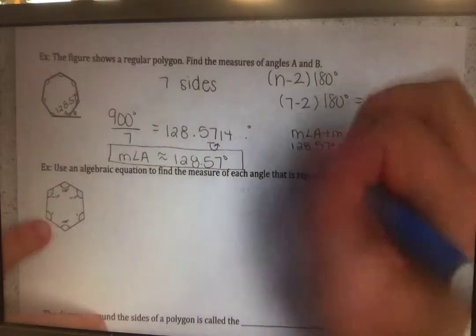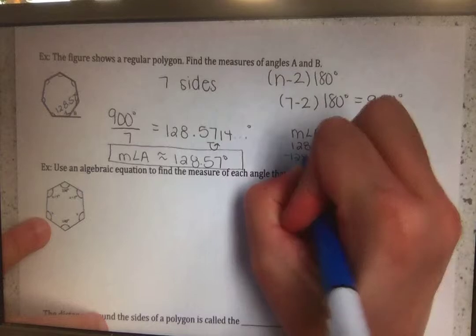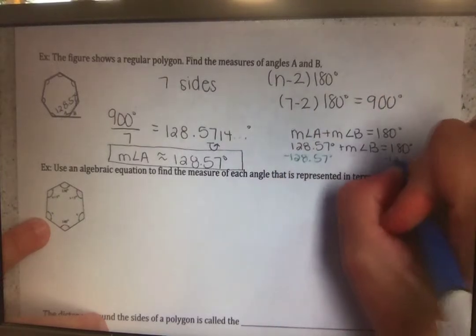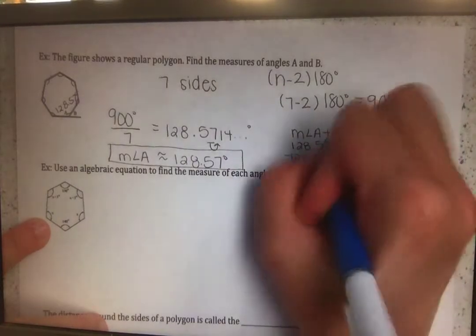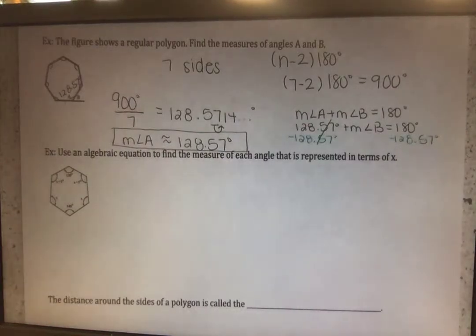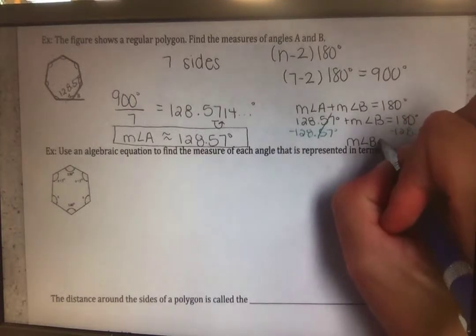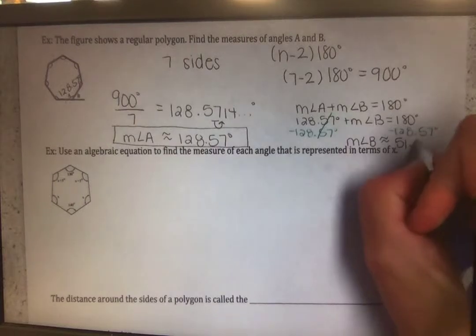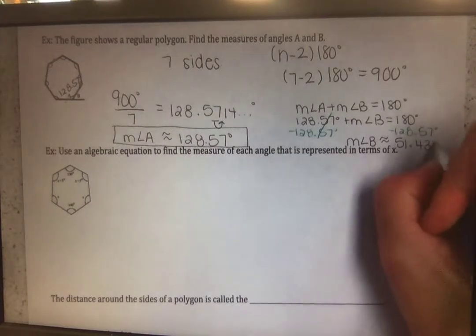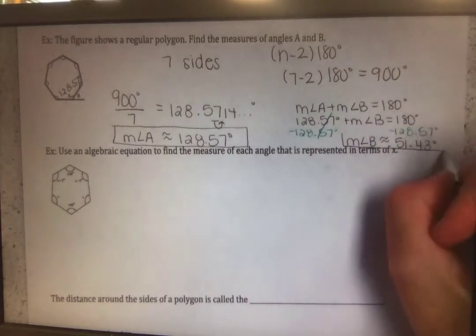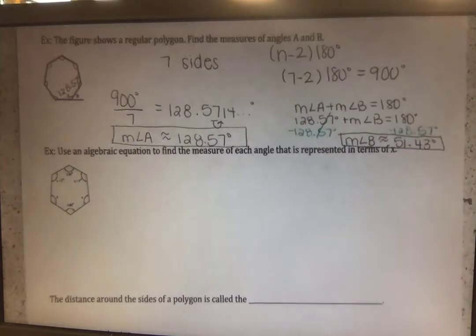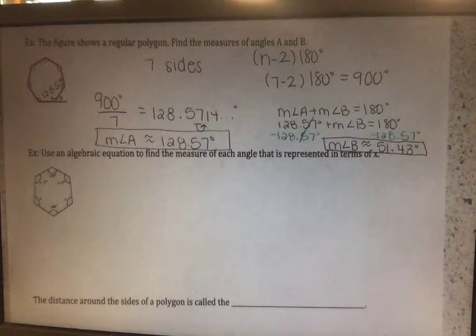So in order to get the measure of angle B by itself, we could subtract 128.57 from both sides. And we get the measure of angle B is about 51.43 degrees. Questions so far?